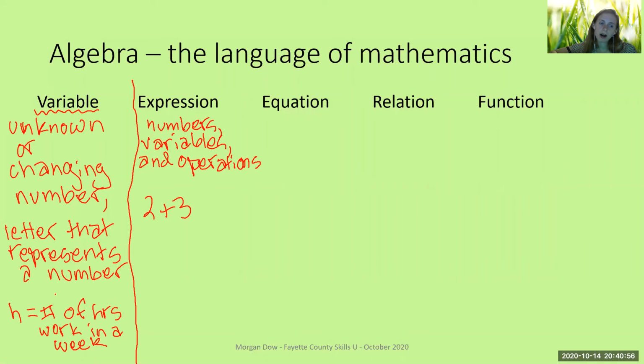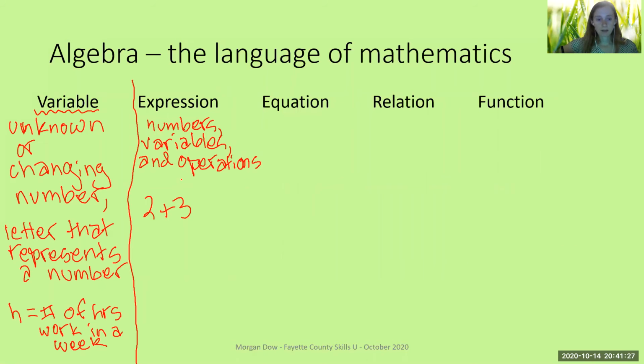Let's think about our example variable here, H, for the number of hours we work in a week. Let me ask you this. Let's say you earn $15 an hour. How would you calculate your earnings for a week, ignoring taxes and all that stuff? Well, you would take $15 an hour and multiply it times however many hours you worked in the week.